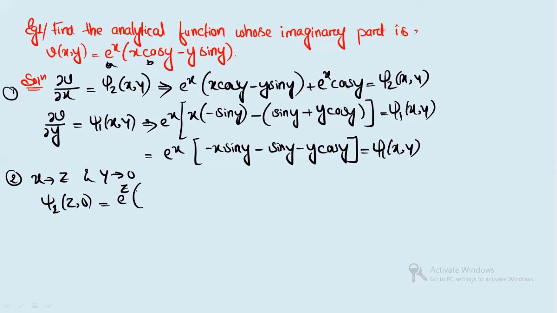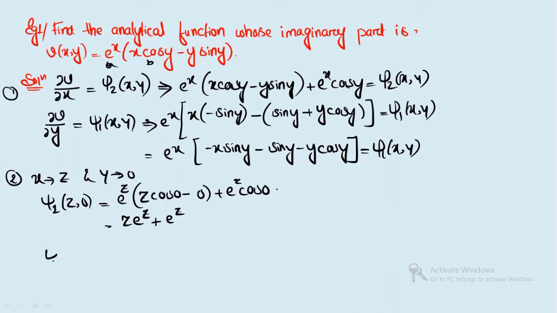X can be written as z, cos y is 0, minus this entire term will become 0, right? And plus you will have e to the power z cos 0. Done. So this is z e to the power z, because cos 0 is 1. This term is 0. And this will give you plus e to the power z.